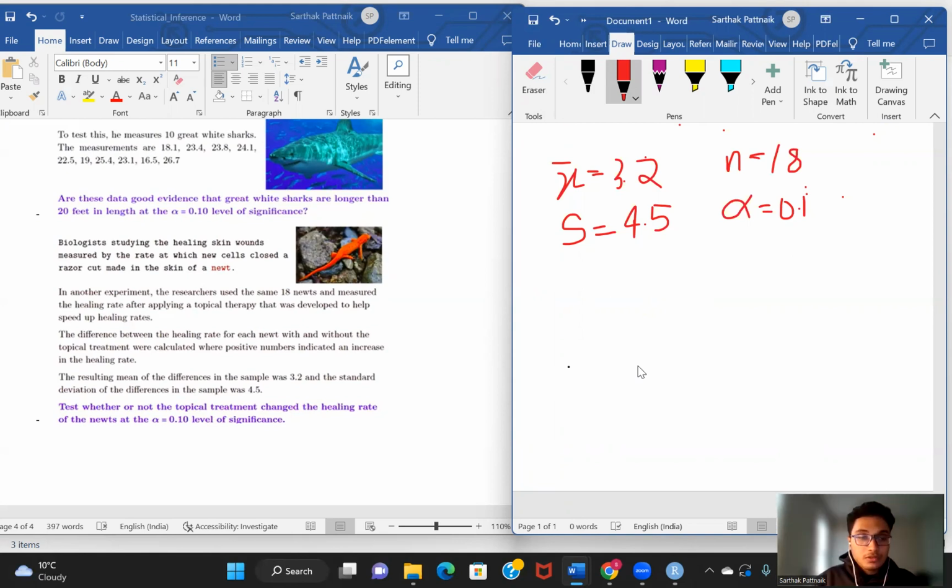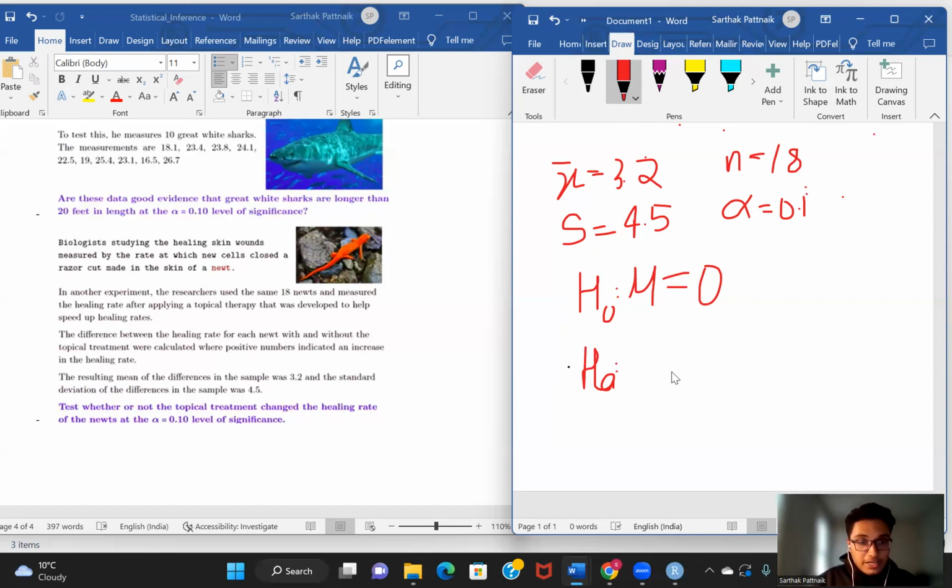Okay. So if there was no change in the healing rate, then I could say that the mean of change is 0. So my null hypothesis, H naught, is mu is equal to 0. And my alternative hypothesis is, now the question asks to test whether or not the topical treatment changed the healing rate of the newts.